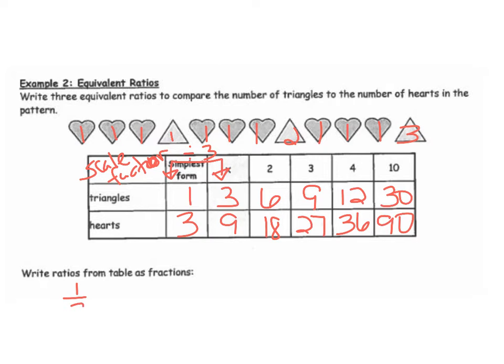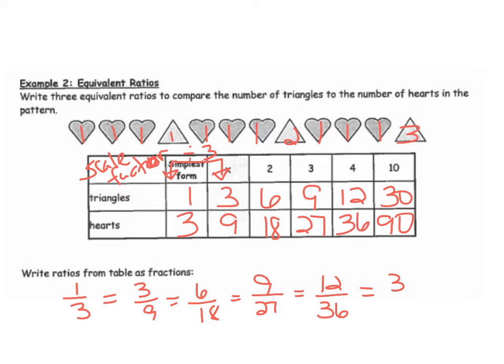So we have 1/3 is equal to 3/9, which equals 6/18, which equals 9/27, which equals 12/36, which equals 30/90. So if you notice, all of them are going to be simplified to 1/3, and that's why they are equivalent.